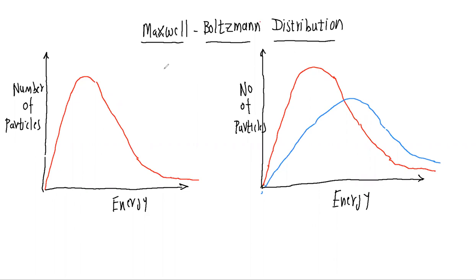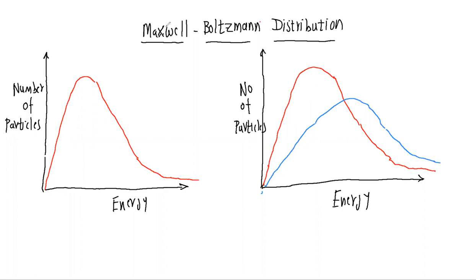This Maxwell Boltzmann distribution is also called a probability distribution. But more importantly, from the chemistry perspective, it gives you the distribution of particles according to their energies. Simple.